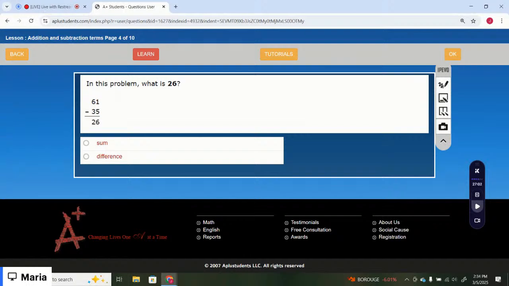26 is the difference of 61 and 32. The correct option is difference.